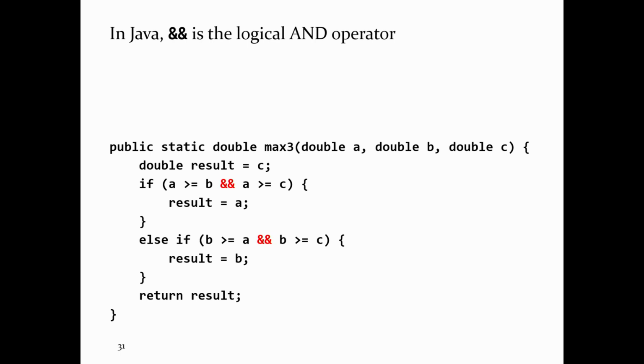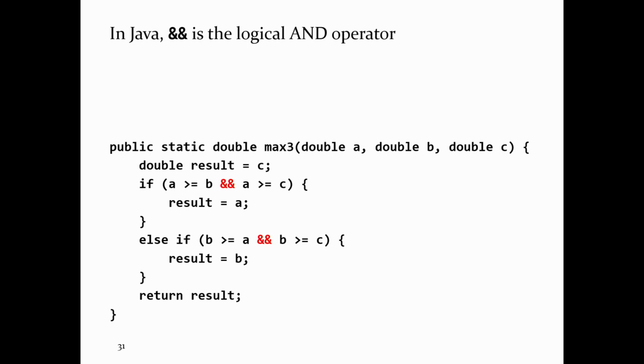Like in Python, the double ampersand, the AND operator, is called a short circuit operator. What that means is that Java will look at the condition here: is A greater than or equal to B?